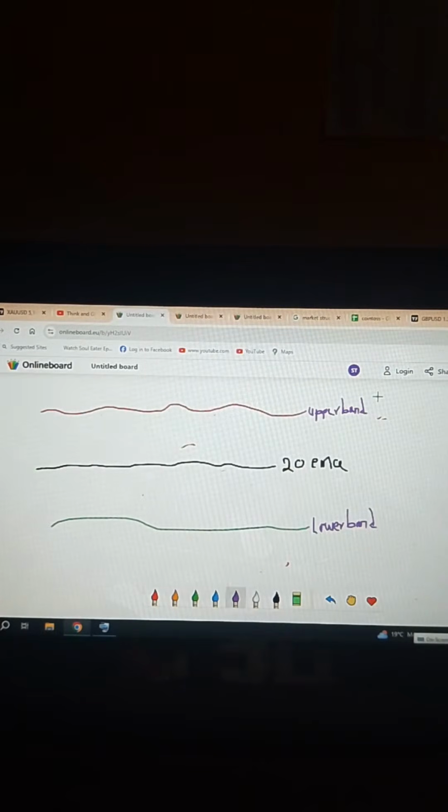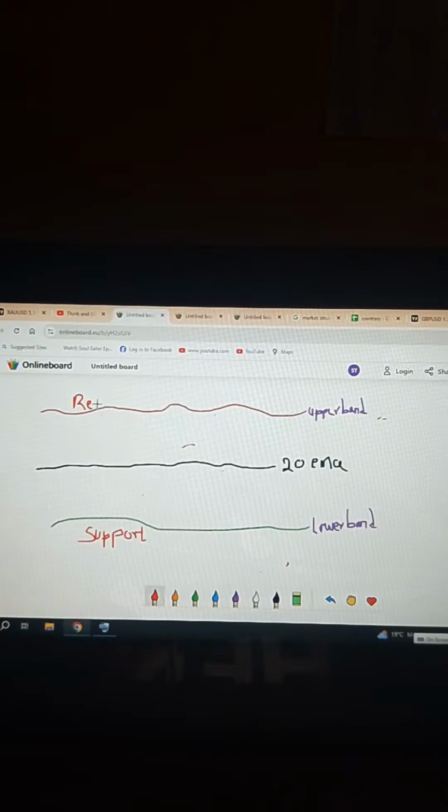So we have the upper band and the lower band. This lower band acts as a support. This region acts as a support. Then the upper band acts as a resistance.